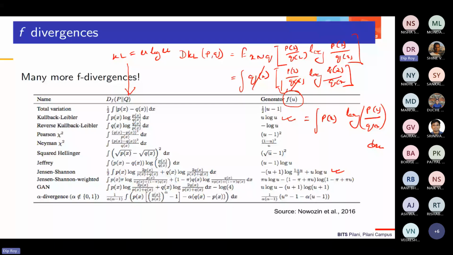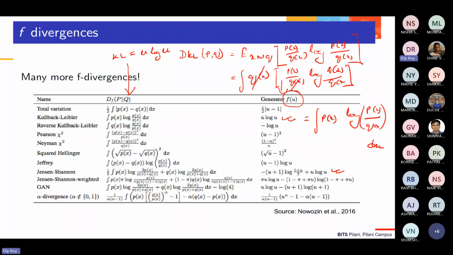So the whole goal of telling you about F divergence is that we wanted to come out of this specificity of Jensen-Shannon divergence and KL divergence. We want an algorithm which works irrespective of the type of divergence that you want to put in. You can put in any type of divergence, KL, reverse KL, Jensen-Shannon, etc., and the algorithm is going to work.